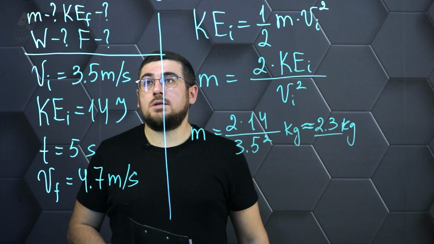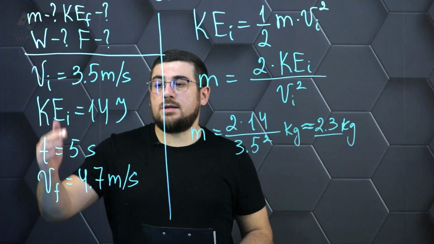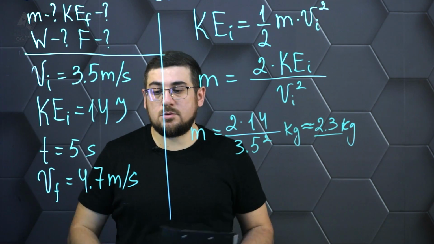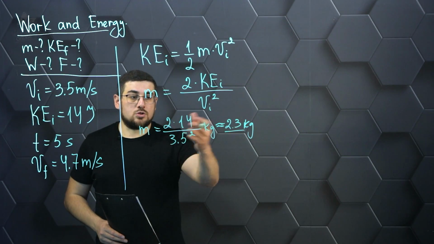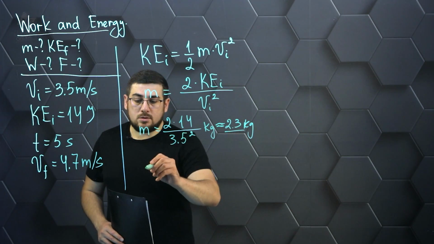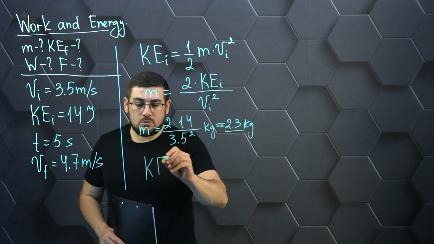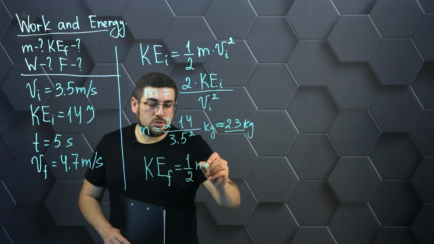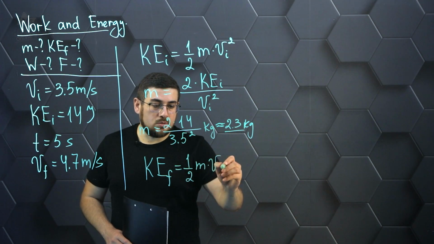The next question. This is the calculation of the kinetic energy at the final moment in time, after 5 seconds, when the velocity has reached 4.7 meters per second. Given that we have already determined the mass, we can calculate this energy quite easily. One half times the known mass and the final velocity squared. Let's do the math.